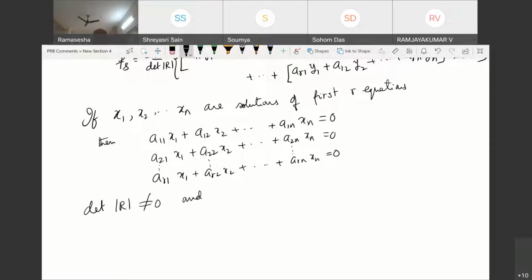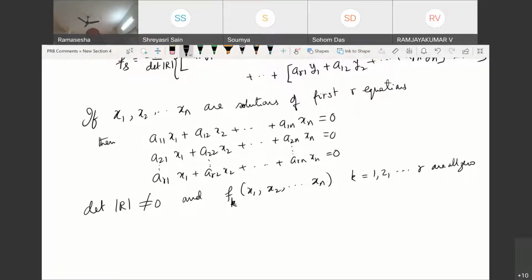Fk of x1, x2, etc. xn, for k equal to 1, 2, etc. R, are all 0. Right? So what happens is the following.